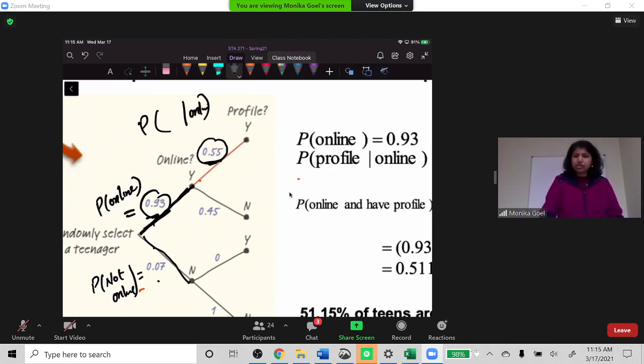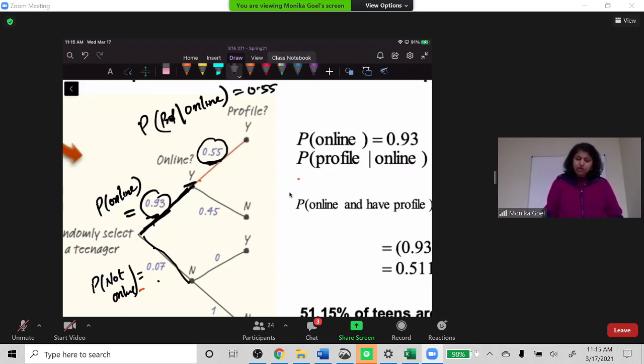This information is given to us. And posted the profile. So what is given? Given that they are online and then they posted. So this is the probability of 0.55.